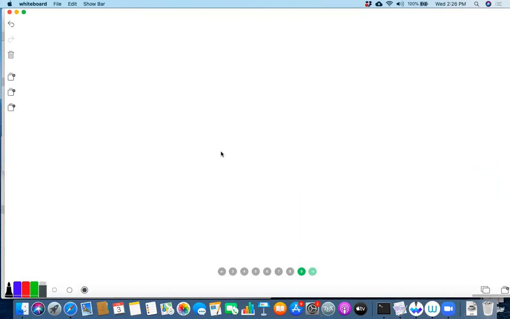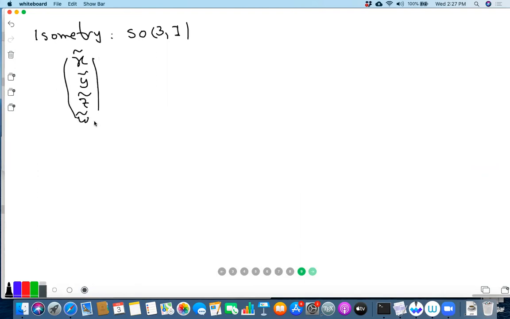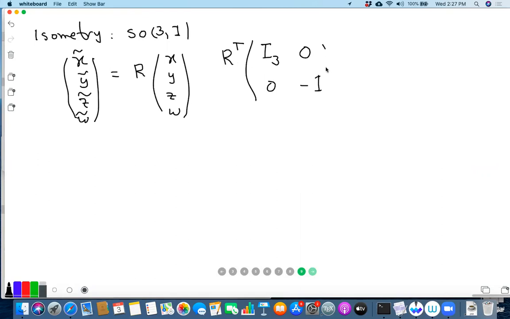The isometries in this case are SO(3,1), which basically sends (x, y, z, w) to R times (x, y, z, w), where R now satisfies R transpose times this matrix, with I3, the 3 by 3 identity matrix, and a -1, equal to the same matrix times R. So this is SO(3,1), the 3+1 dimensional Lorentz group.